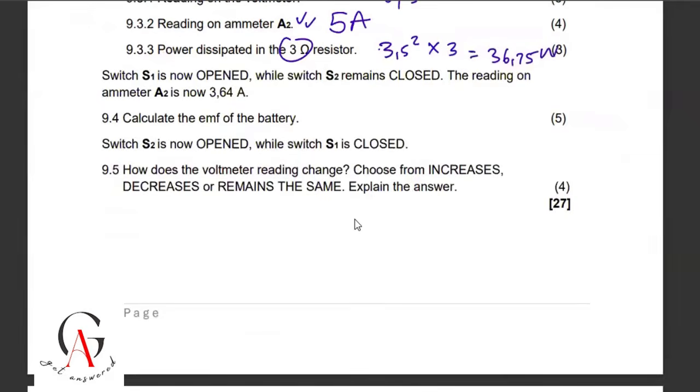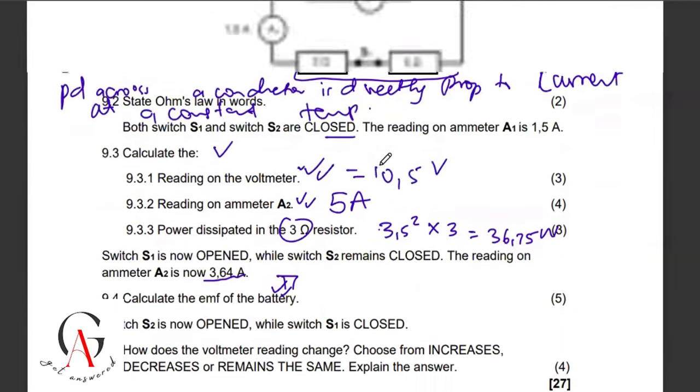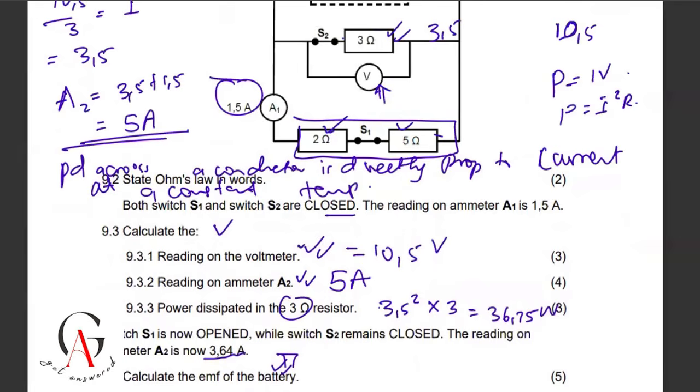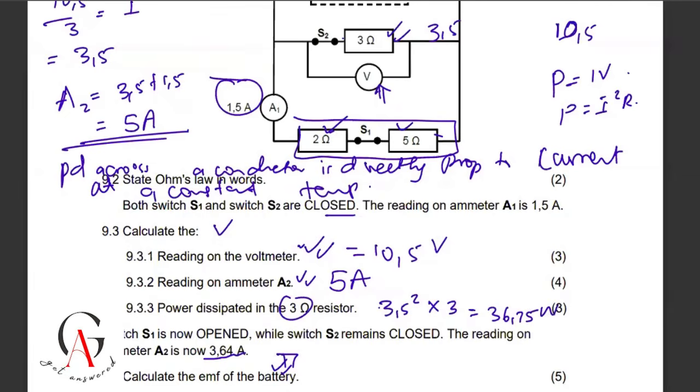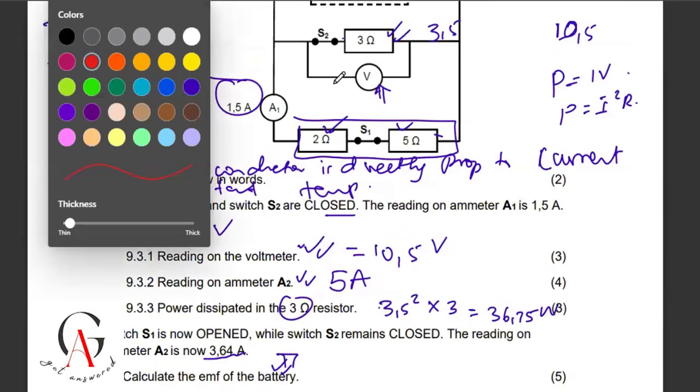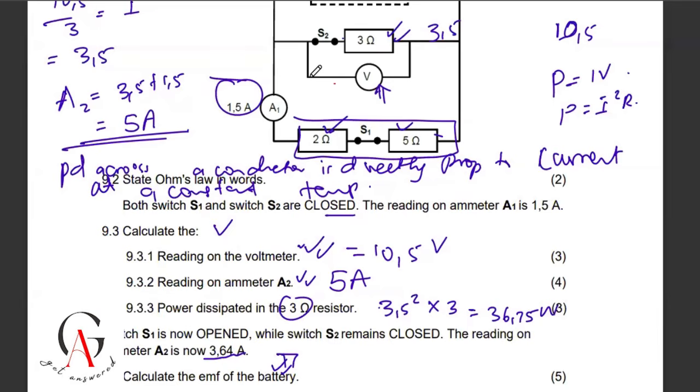And then S1 is now opened while S2 remains closed. The reading on the ammeter changes to this. Calculate the EMF of the battery. So we can use the EMF formula, but they're telling us S1 is opened. So let's analyze the circuit and see.